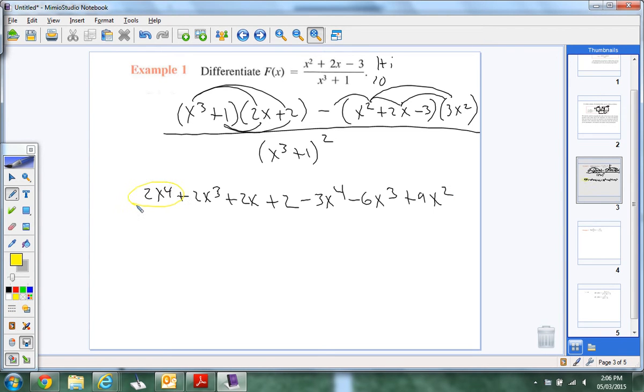I have a 2x^4, a negative 3x^4, so I get a negative x^4. Got a 2x^3, negative 6x^3, so negative 4x^3. And there is no other x squared, so just a plus 9x squared plus 2x plus 2.